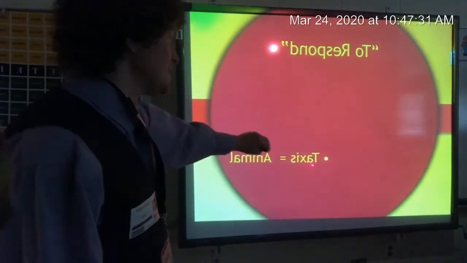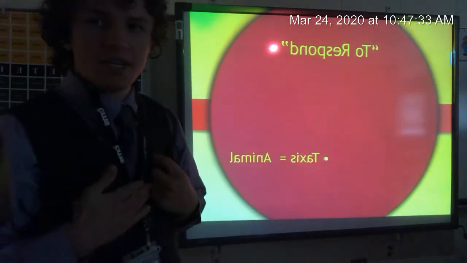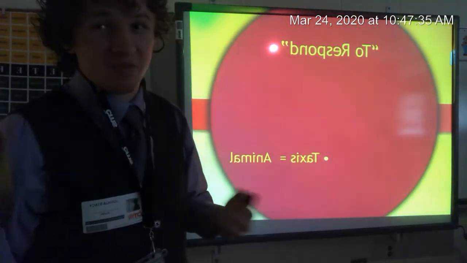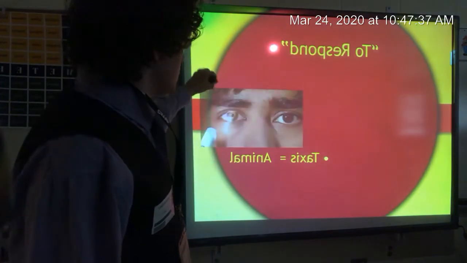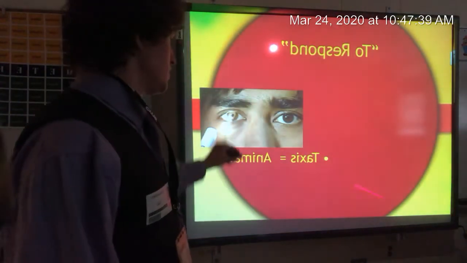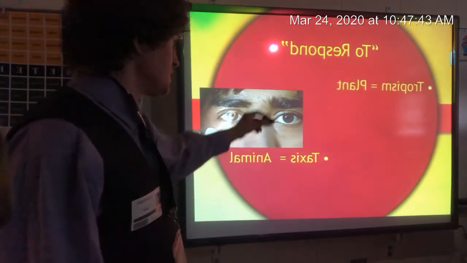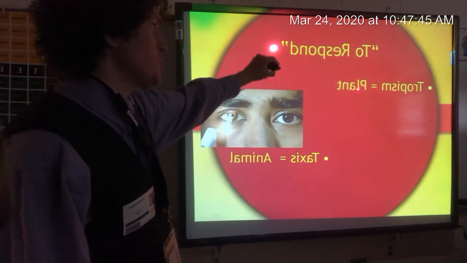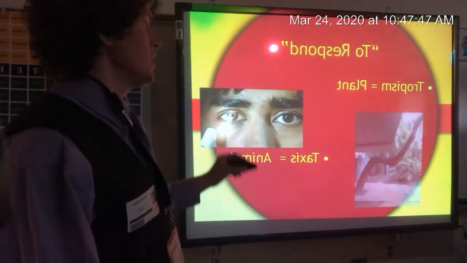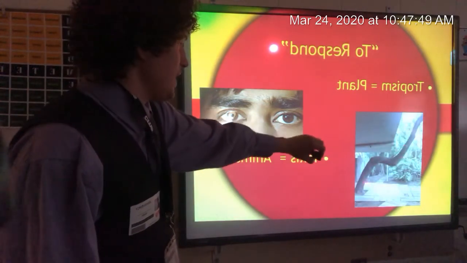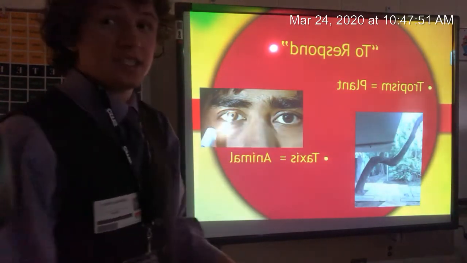That's why taxis, that's animal. We're considered an animal because we're a mammal. So here we go. Taxis, animal, us. Then you have your tropism, which is your plant. See, this is your plant right here. It deals with tropism.